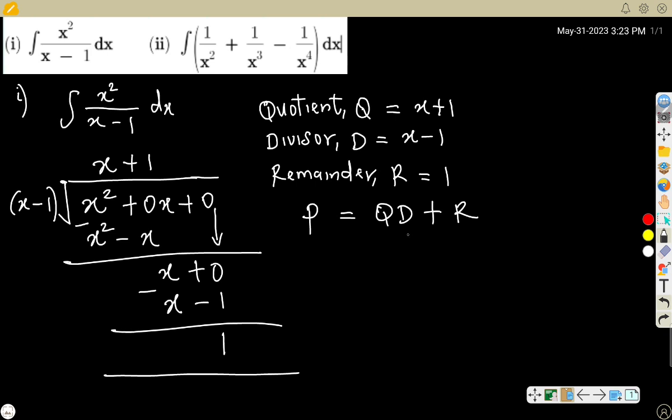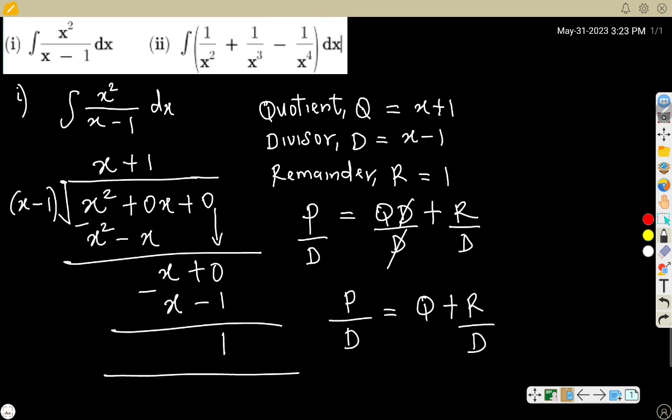So if you divide everything here by the divisor, the divisor cancels out. That means polynomial divided by divisor is equal to quotient plus remainder divided by divisor. So this is what you need here. Your polynomial is the x squared here.